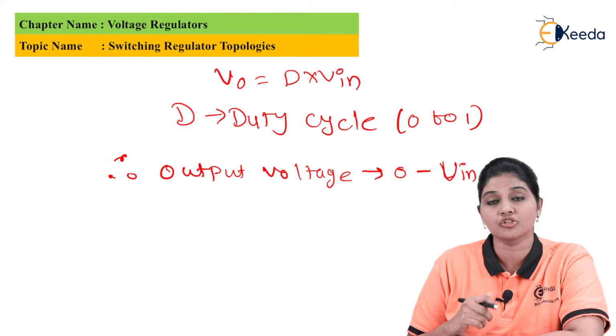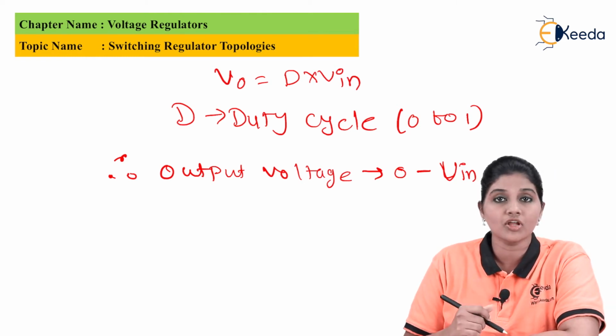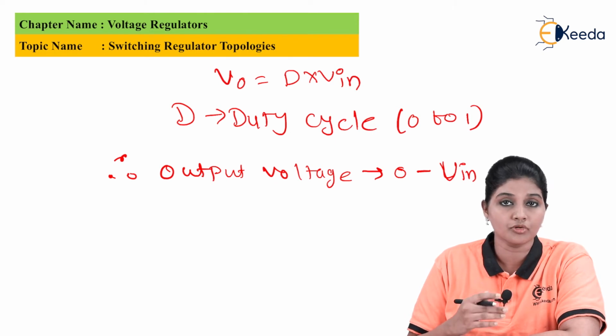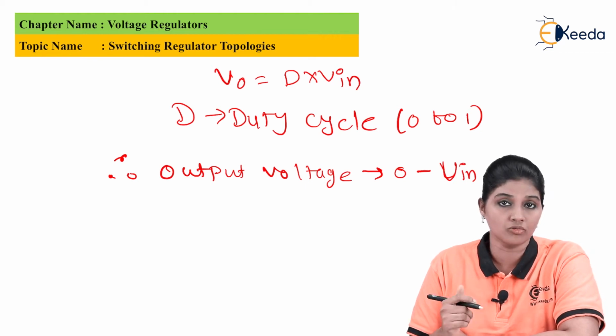From the equation, we come to know that the average value of output voltage is below input voltage or equal to input voltage, and therefore it is also called buck converter or step down converter.